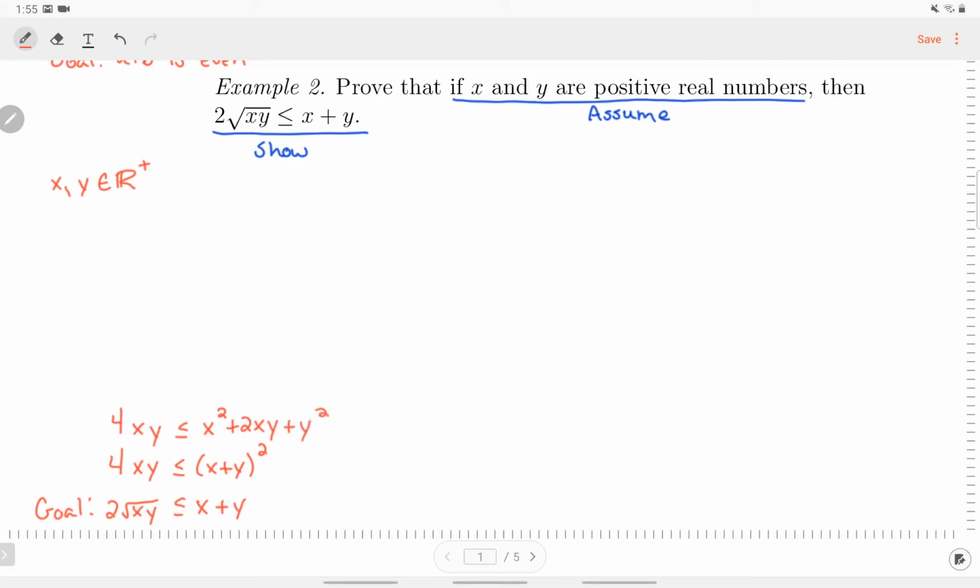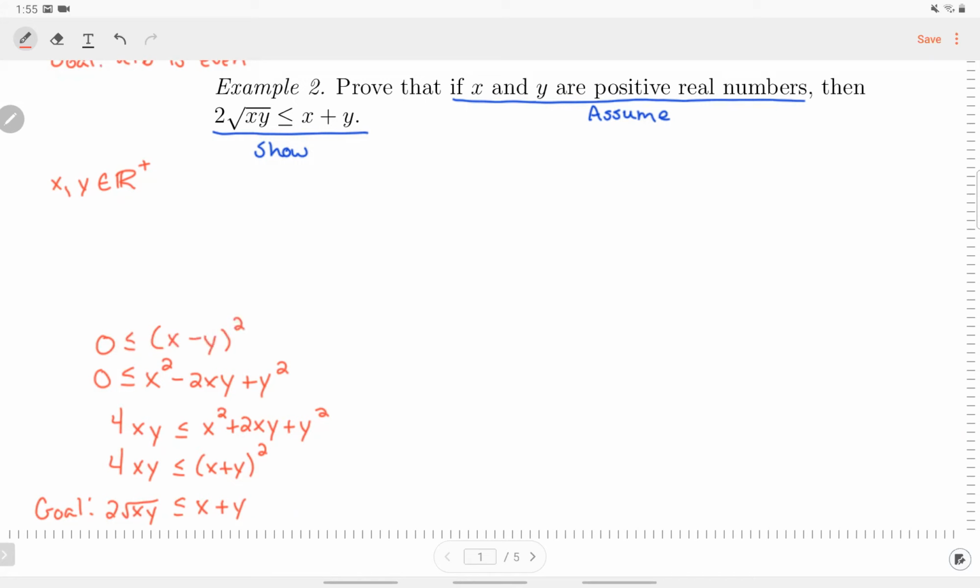I'm going to subtract 4xy from both sides. If I'm adding or subtracting, it doesn't change my inequality, so that's okay. So I'll have 0 less than or equal to x squared minus 2xy plus y squared. And that actually factors because that's a perfect square. That's x minus y squared.